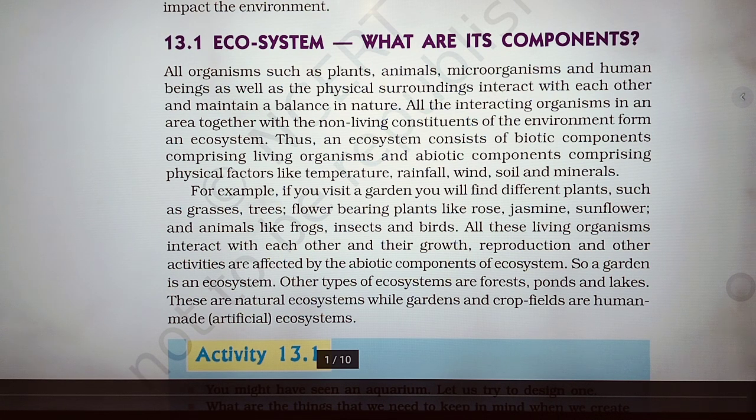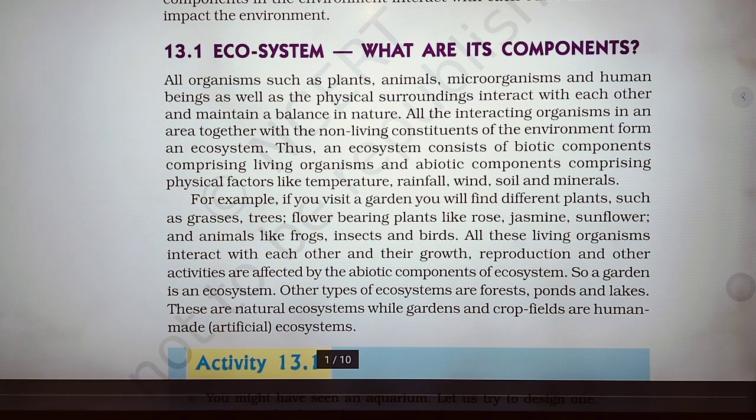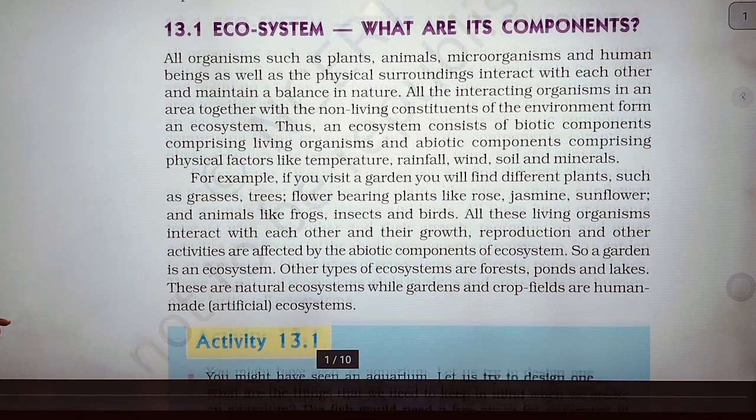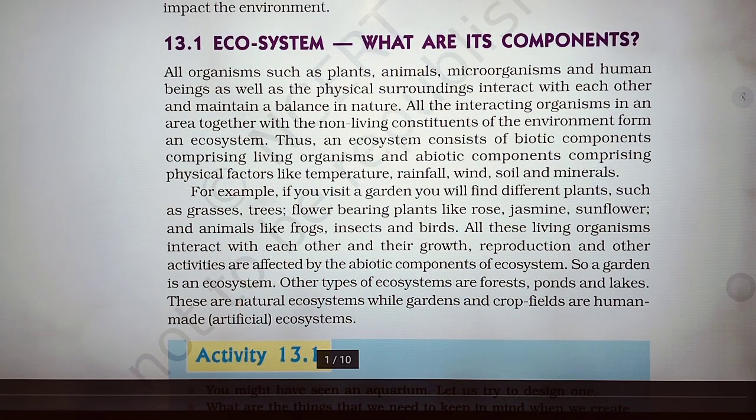It means all things that are present in our environment interact with each other. This together is known as an ecosystem.